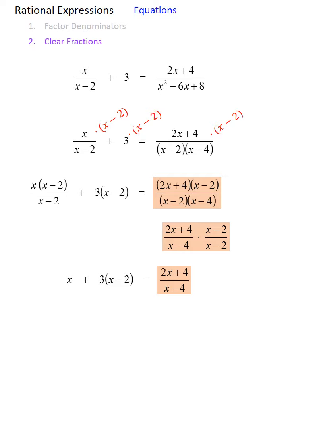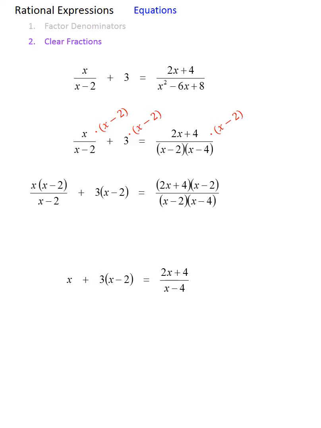By simply rearranging the factors, I've turned this into an expression times 1, x minus 2 over x minus 2 having a value of 1, and then reducing to the result you see at the bottom. Okay, good enough so far.